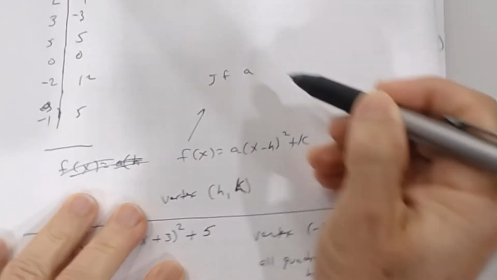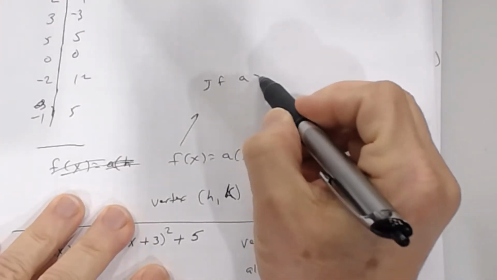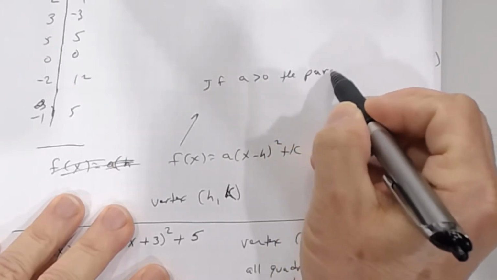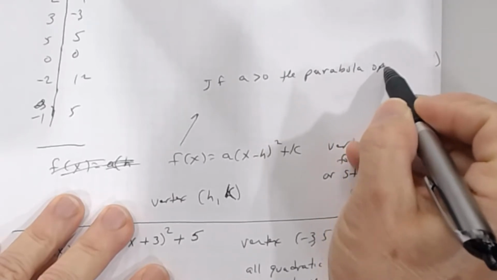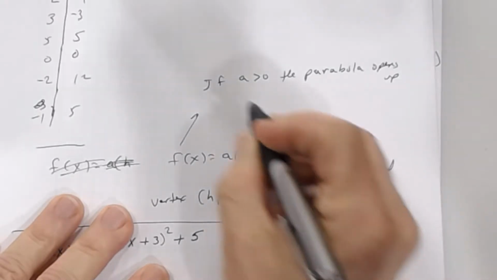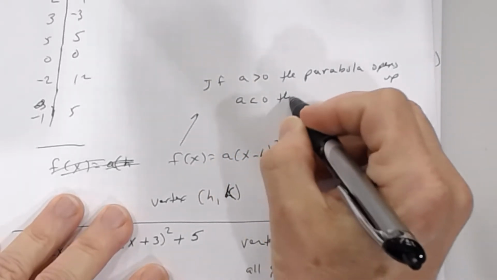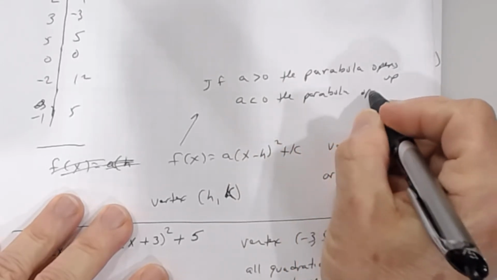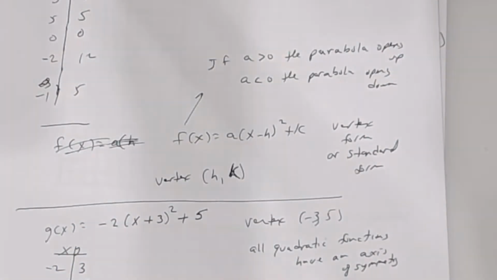If A is positive, the parabola opens what? Up. Parabola opens up if A is positive. If A is negative, less than 0, the parabola opens down. Okay? Parabola opens down.